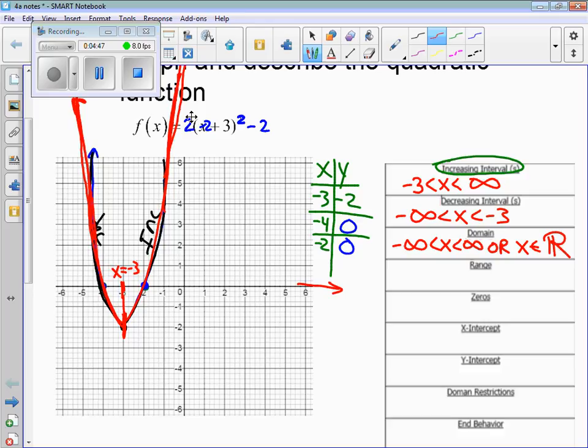The range. The range is the y values. Not too often we look at the y values, but for range we do. The lowest y value that this graph is at is at negative 2. No part of the graph is lower than the line I just drew. So I'm looking at negative 2 as my lowest y value.